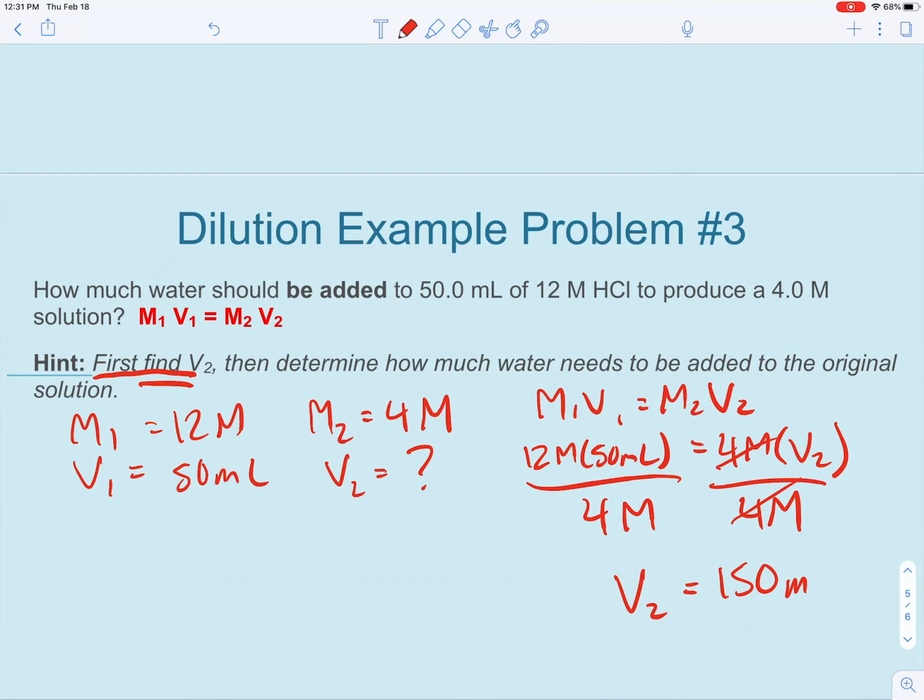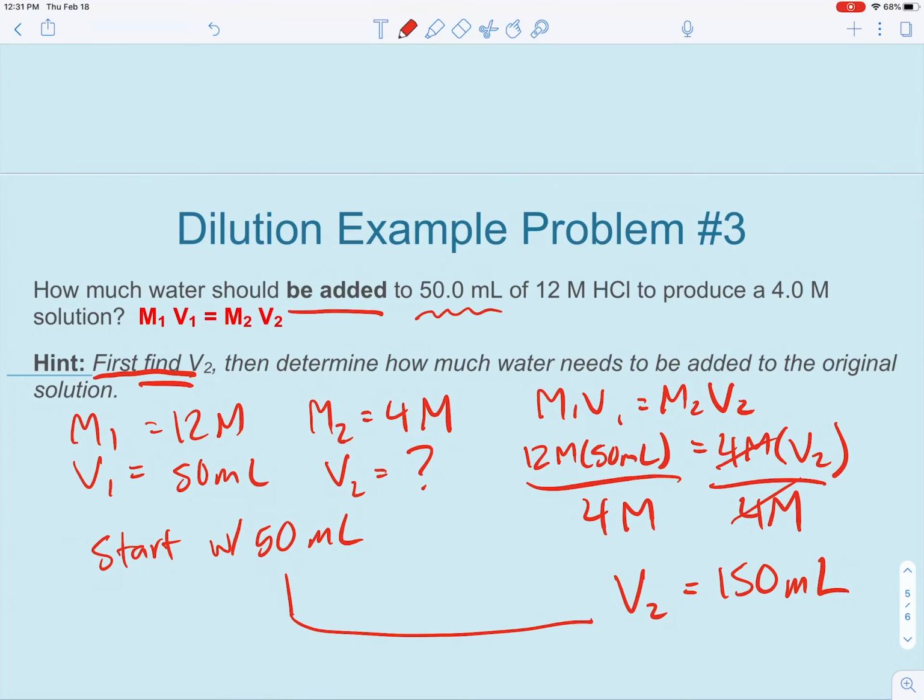The question is asking how much water should be added to our original solution. So if I'm trying to hit 150 milliliters and I start with 50 milliliters, I'm trying to get to 150, the answer is I have to add 100 milliliters of water.